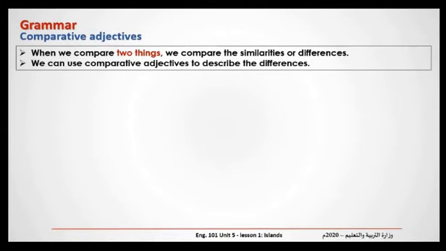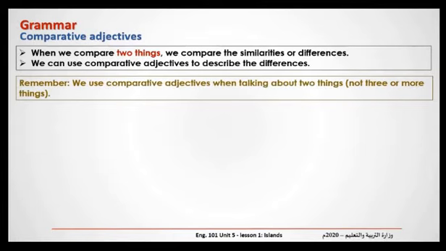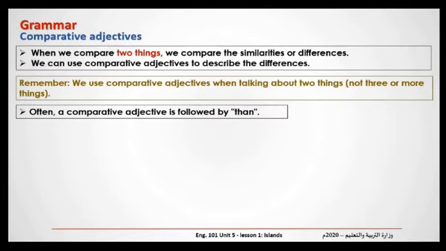We can use comparative adjectives to describe the differences. Remember, we use comparative adjectives when talking about two things, not three or more things. Often, a comparative adjective is followed by than. Example, Sally is older than Susan.